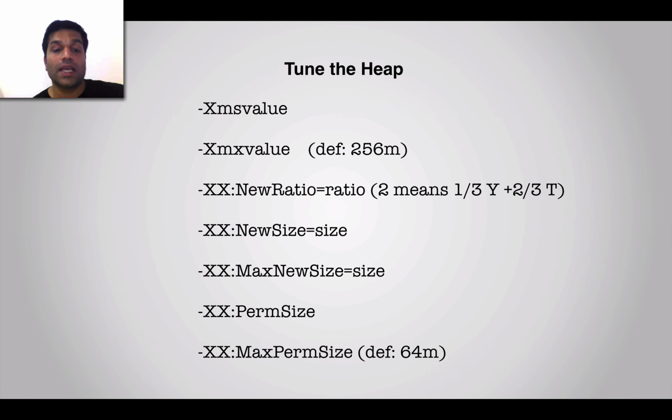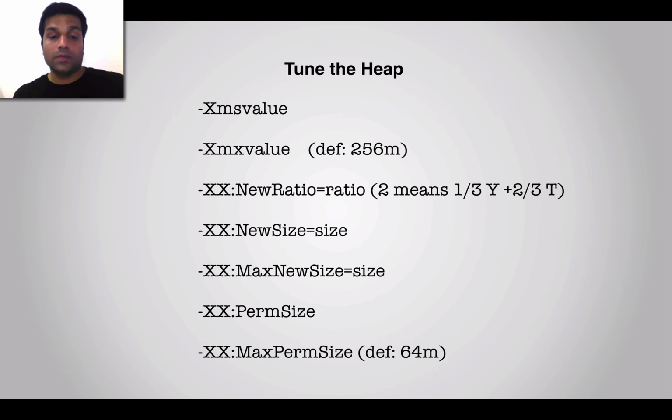And next is XX:NewRatio equal to some value. That means how you want to divide your young and old generation. Suppose you say 2, it means 2 by third will be used by tenured generation or old generation, and 1 by third will be used for young generation of your whole heap.